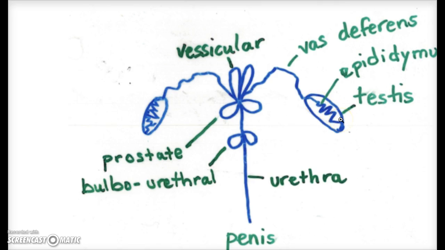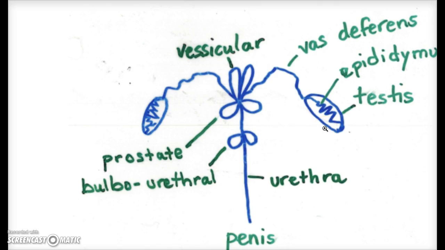So it's bound to the surface of the testis by some connective tissue, but it is a tubular structure, and the sperm spend some time in here, days to weeks, during which they undergo the final stages of maturation.